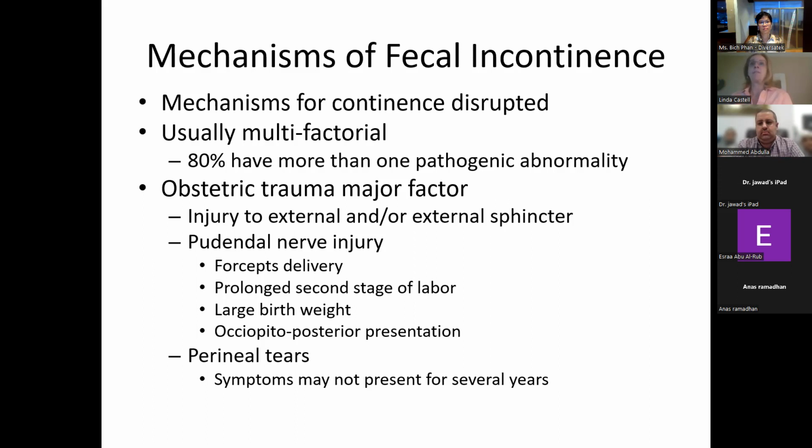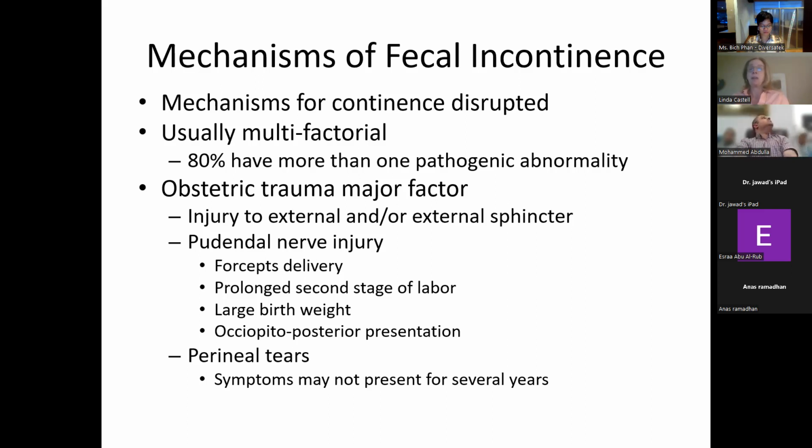Probably the #1 factor for incontinence is obstetric injuries, trauma. So this injury could be with the internal and the external anal sphincter. There could be pudendal nerve injury, and this can be caused by forceps delivery, a prolonged second stage of labor. So it's that constant pushing against the pudendal nerve that will cause pudendal nerve damage, and then muscle weakness.